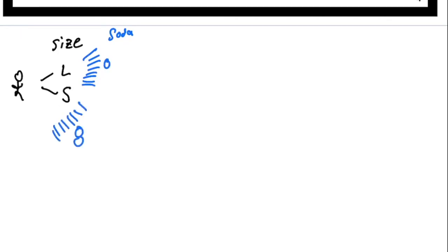So 8 different sodas you can choose from. So looking at this model, the number of choices that we end up with over here are 8 plus 8, which is 16 total different combinations of cup sizes and sodas. So we could pick a large of any soda, so that's 8 choices, or a small of any soda.